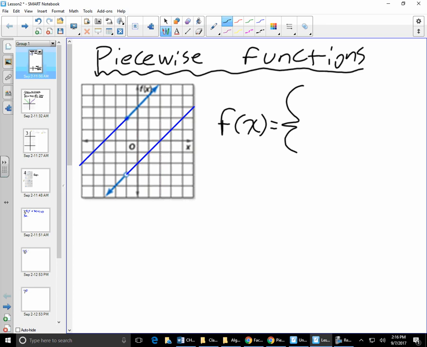Either way, let's call this line line B, and this line line A. You would get that line A can be represented by the line y equals x plus 3, because the slope is 1, and that B can be represented by y equals x minus 2.